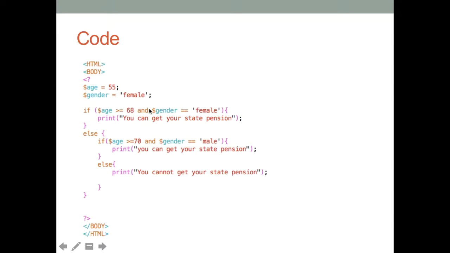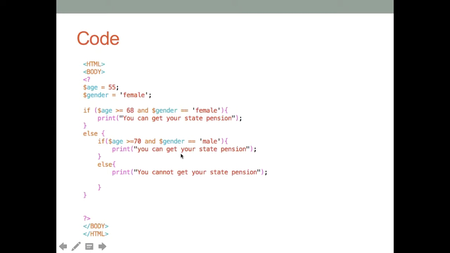So if either of them are false, it comes down and looks at this next point. It checks if your age is greater than or equal to 70 and your gender is male, you can get your pension. Any other combination of conditions will go to this else and you cannot get your state pension.